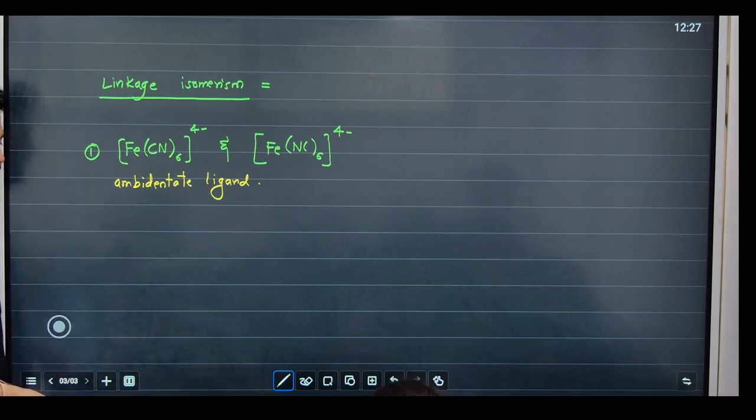Please write down linkage isomerism. Yes, all these are under structural isomerism.